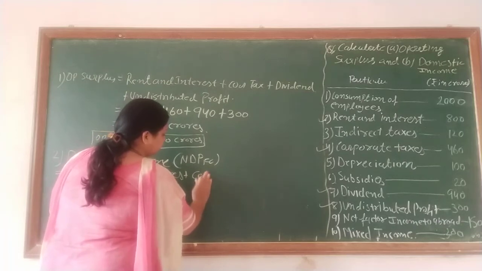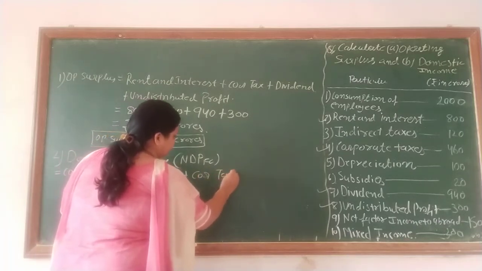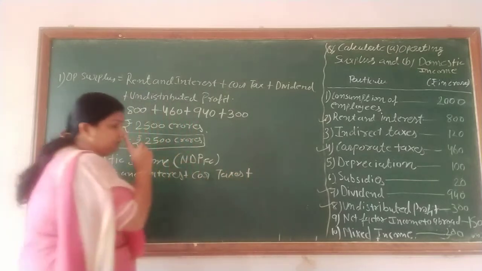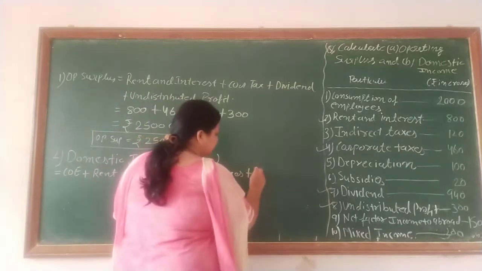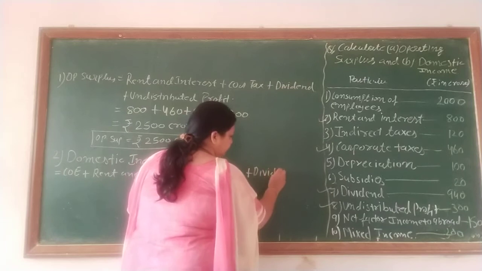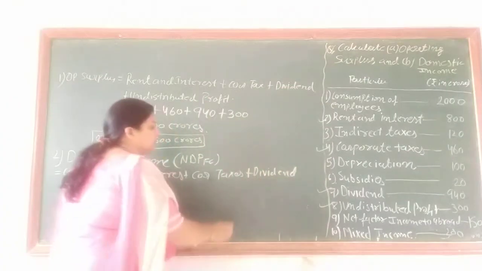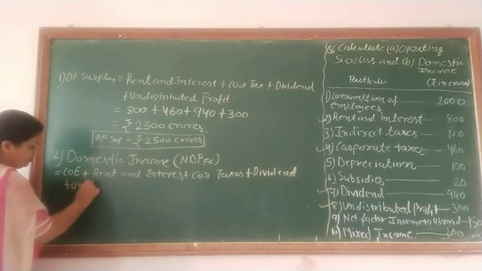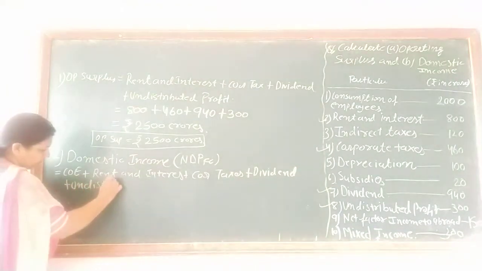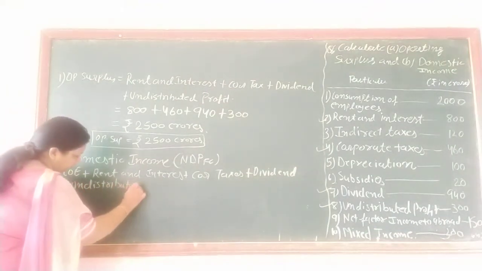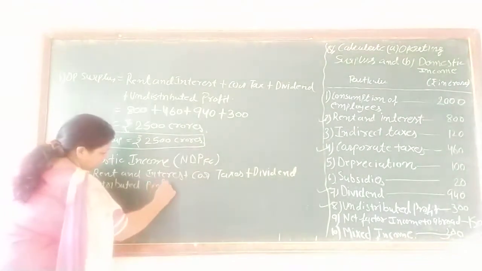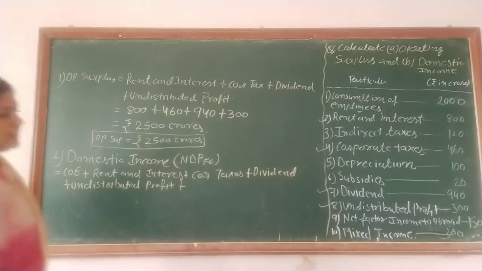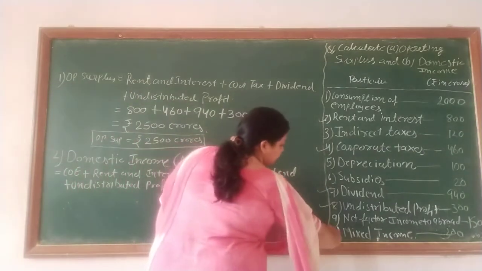Corporate tax, then plus dividend, next plus undistributed profit, plus here one more thing is there, that is the mixed income.